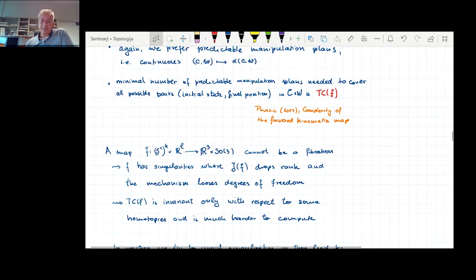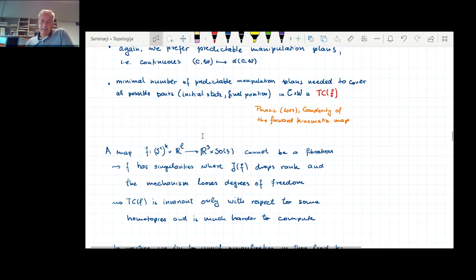Since it is smooth, this essentially means that there might be singular points where the Jacobian is rank deficient. And typically this means that at those points your mechanism cannot move in all directions. It's said that it loses degrees of freedom.